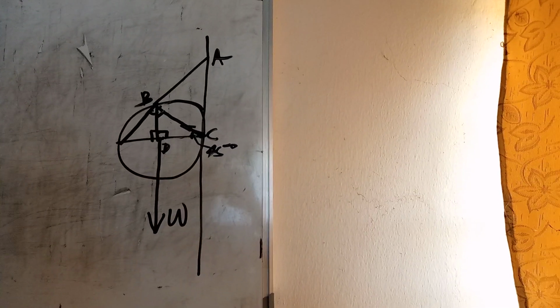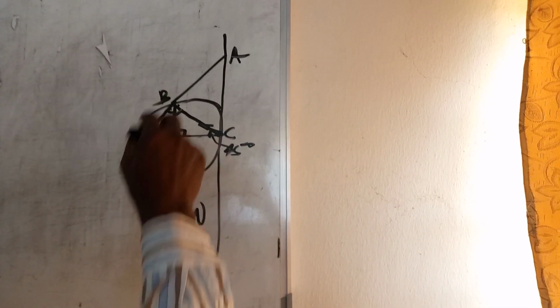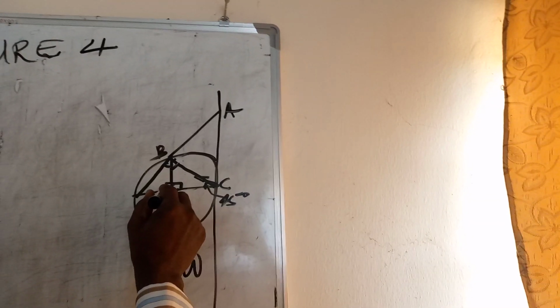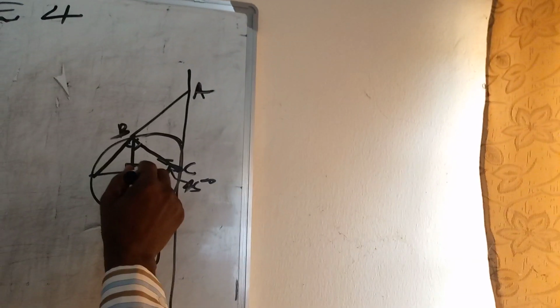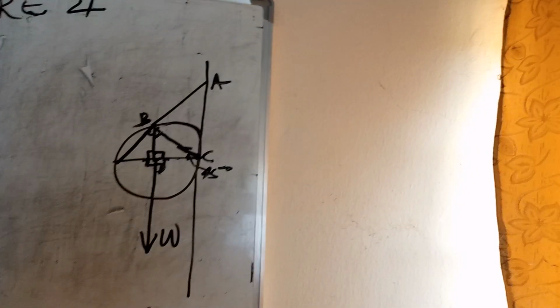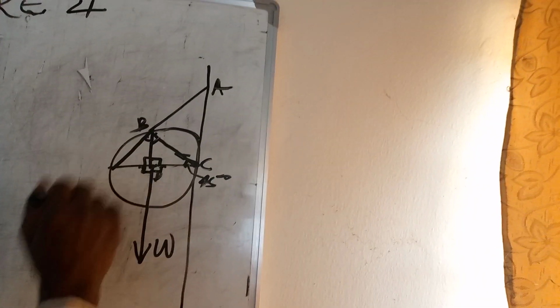Now, if this is also 45 degrees, that means the angle here is 45, this is 90, this is 90, making a total of 180. The angle at the circumference of a circle is equal to half of the one at the center.